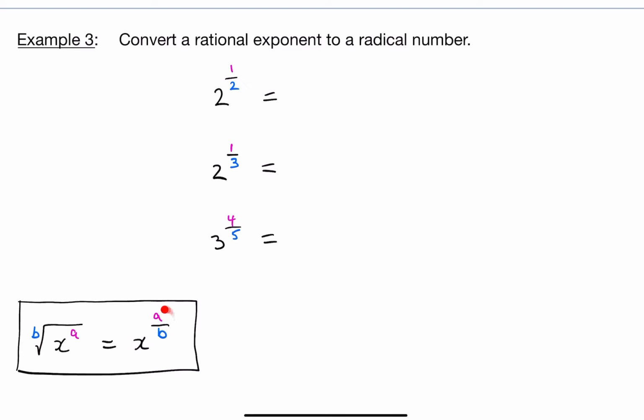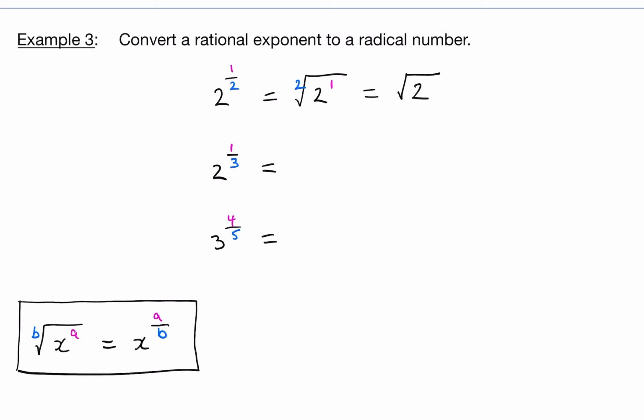If we follow this pattern, this is going to be equal to the b root. We're going to take this b. This becomes our root. So that's going to be this second root or square root of 2 to the 1 power, which is simplified to the square root of 2.